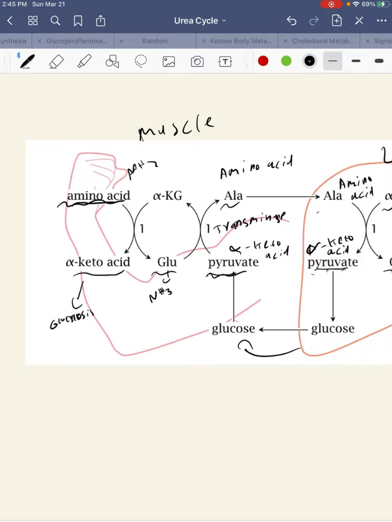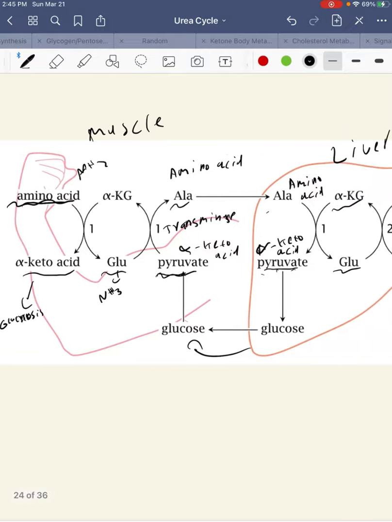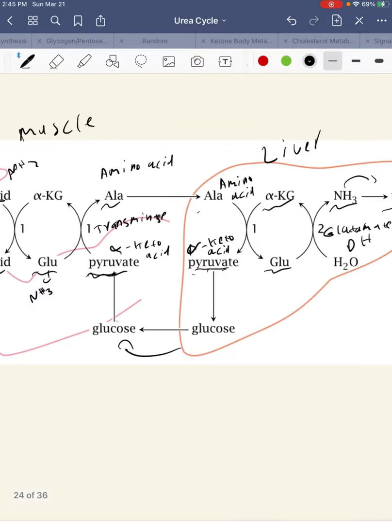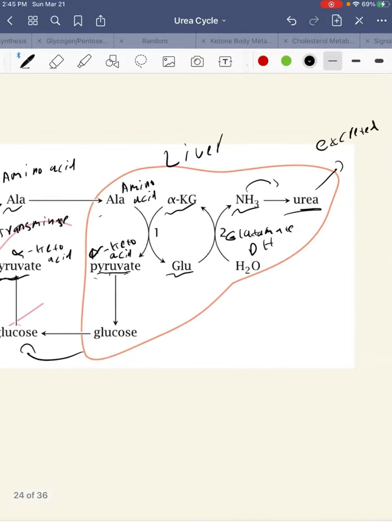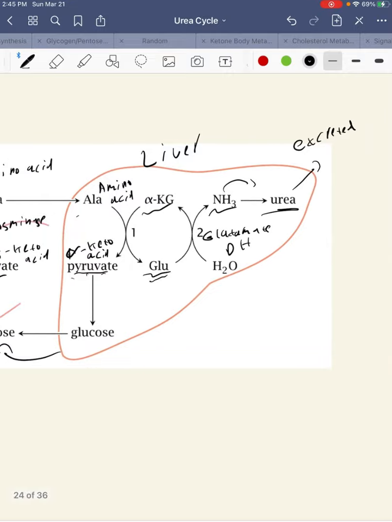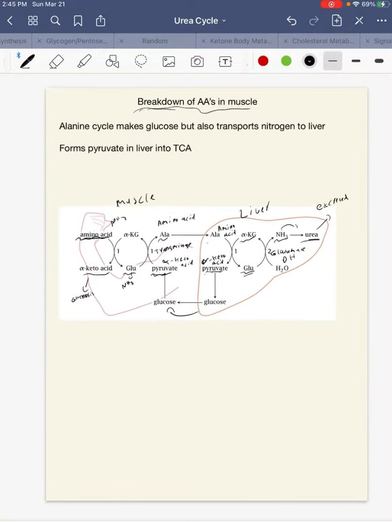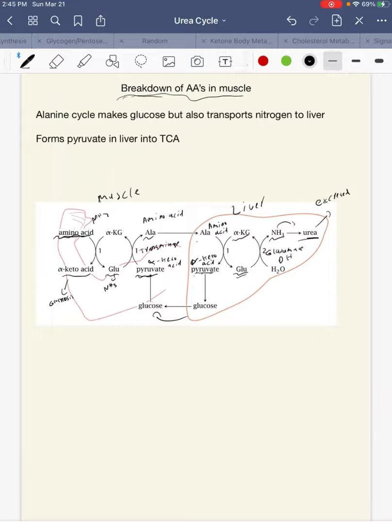They kind of just pass this amino group. We pass it to glutamate, glutamate passes it to alanine, alanine goes into the liver, alanine passes the amino group back to glutamate, and then glutamate sends the amino group into the mitochondria, and then you have the carbamyl phosphate synthetase, and then you have the urea cycle, which then eventually excretes the amino group.